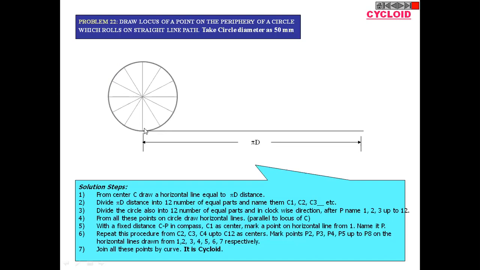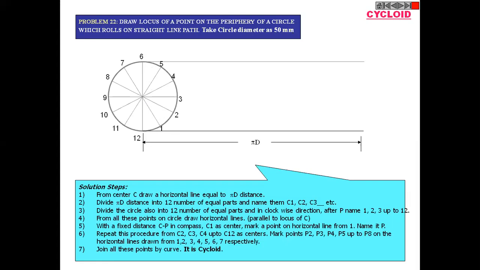Then consider these four diagonal points as centers and mark arcs on the other part of the circumference. Then join all the points, so you can easily divide this circle into 12 equal parts.